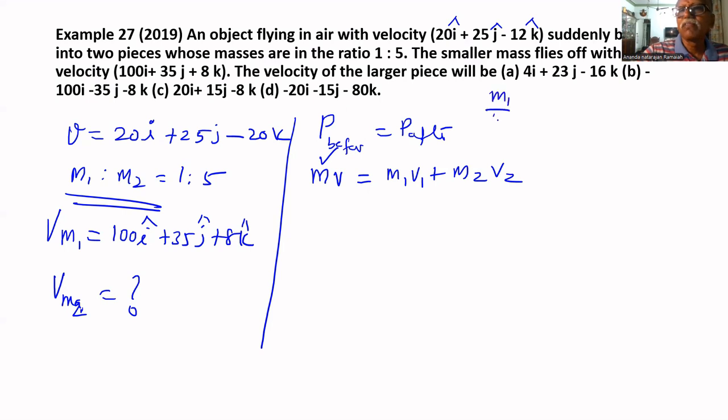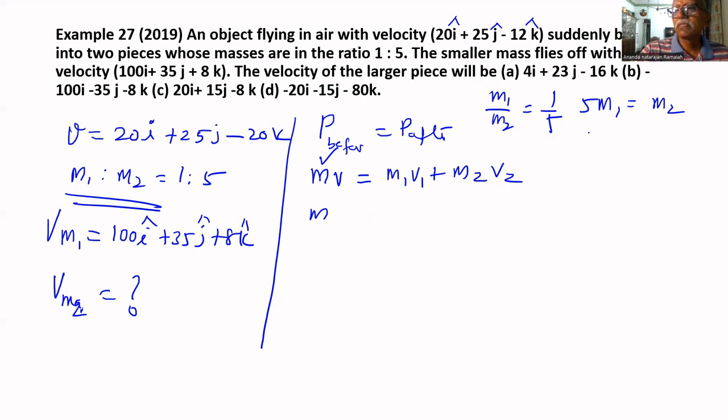Therefore M1 divided by M2 equals 1 by 5, or 5 M1 equals M2.